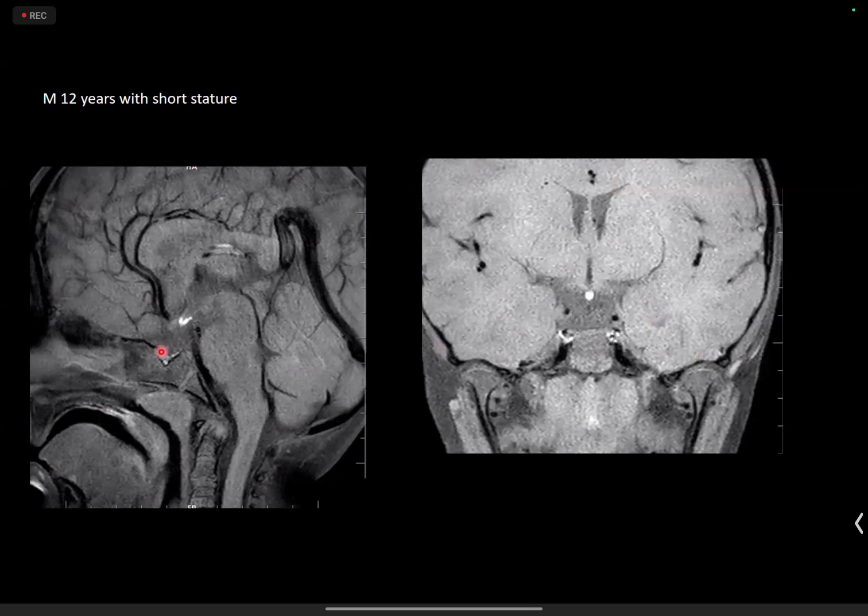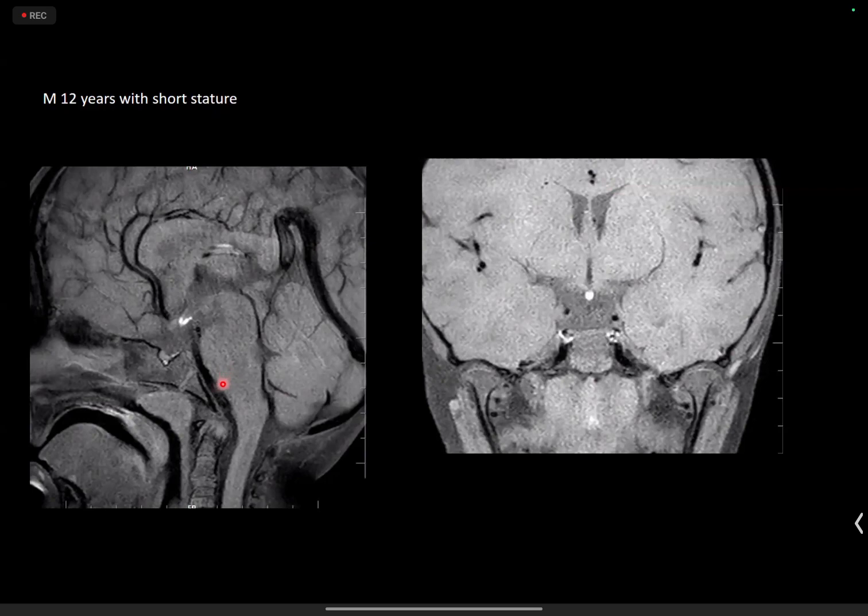Yes, very thin and attenuated. Since the posterior pituitary develops as a downgrowth from the diencephalon, with the absence of the pituitary stalk and the posterior pituitary bright spot being high up, I would suspect an ectopic pituitary. Yes.